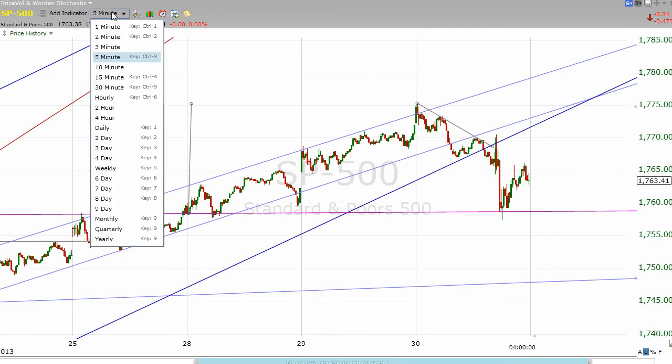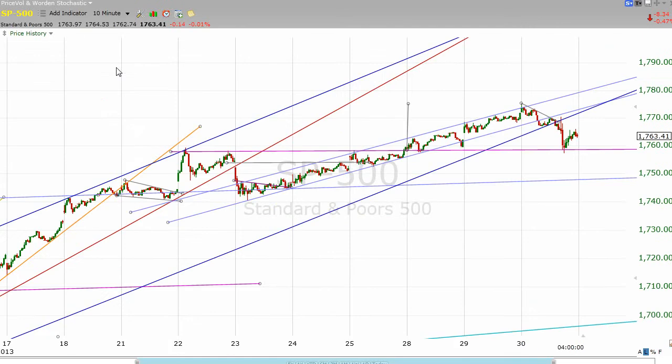So I look at that sort of with mixed feelings. I'm glad that this small inverted head and shoulders pattern, even though it looked a little strange, did what we would expect it to do. But I hate the fact that this line right here did not produce a bounce.